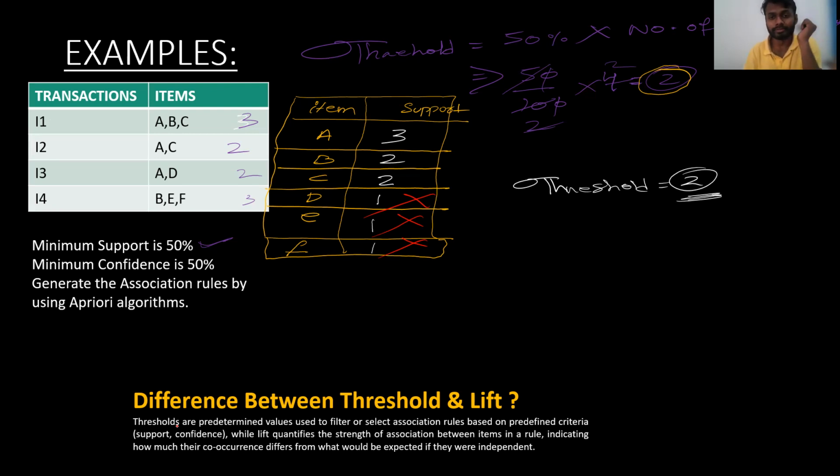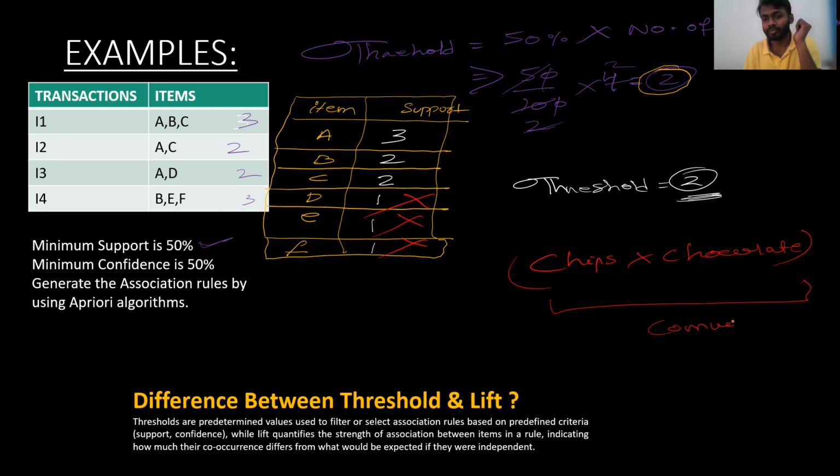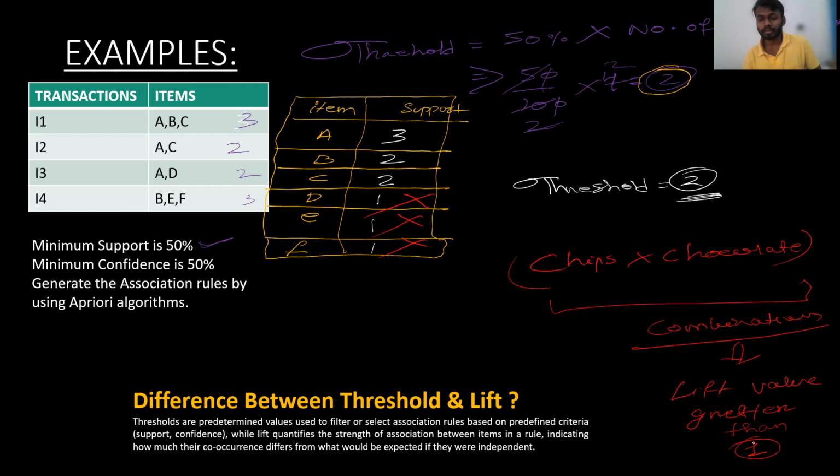If the chips and chocolate combination would sell more, then the lift value will be more than, greater than 1. Clear? Greater than 1 we will get. So this is the point.